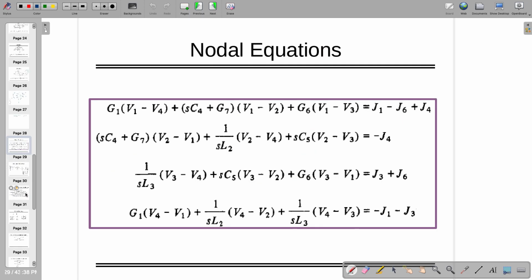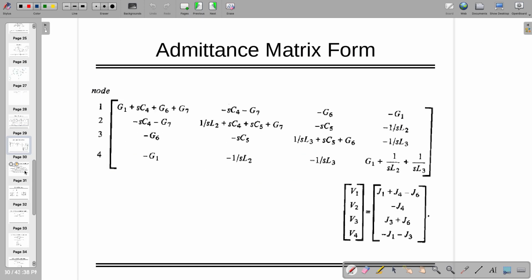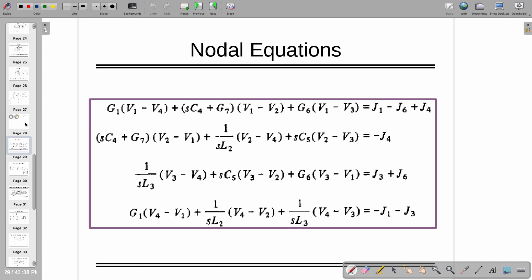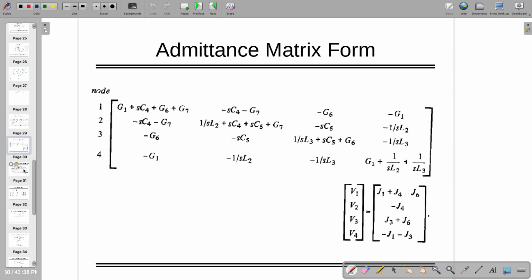But before becoming an expert, this is an admittance matrix derived from what you have found in the equations. Whatever four equations we found, this is written in terms of YV equal to J. And there are certain observations you need to see.